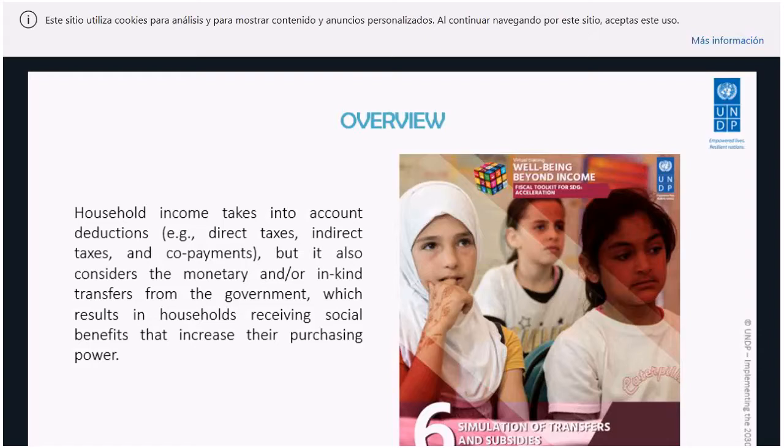So on one hand, the taxation side, which basically requires understanding what the taxes are, who pays the taxes, what the different rates are, and how the taxes are designed.